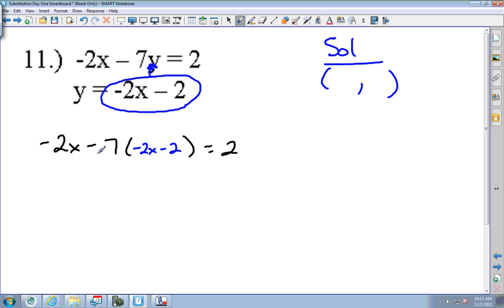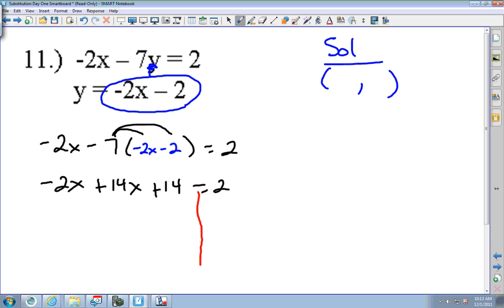Well, this negative 2x comes down here. Multiply these. I have positive 14x. Negative 7 times negative 2 is positive 14, equals 2. Put your x's together.